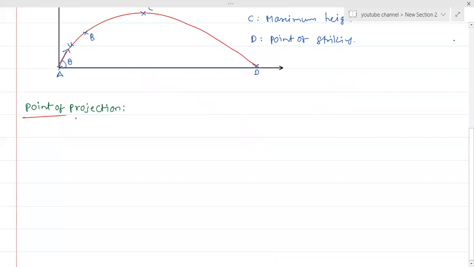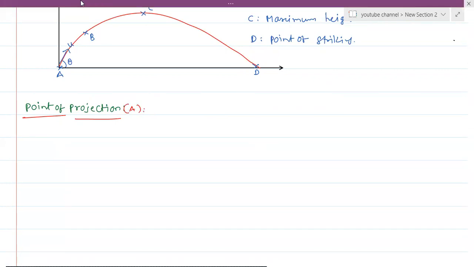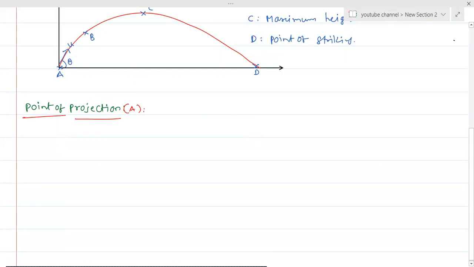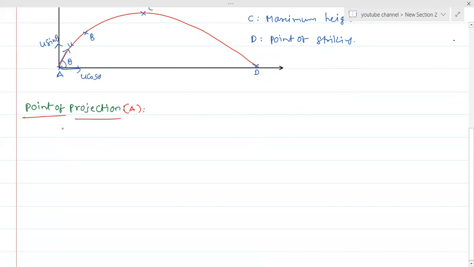So at the point of projection, in our language we use the point as A. Whenever we observe the point of projection, clearly we see here u cos theta and here u sin theta. First I am taking the initial velocity vector.